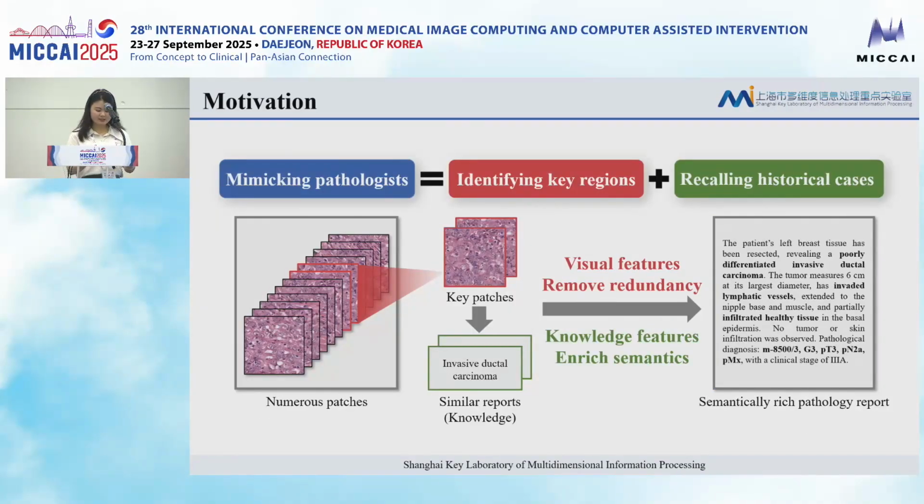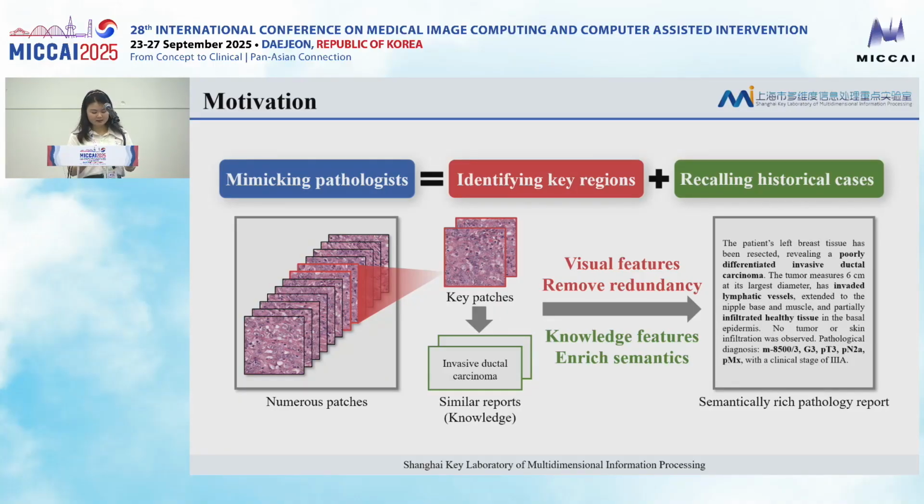To address these challenges, we drew inspiration from the workflow of pathology experts. Pathologists typically first identify suspicious regions under the microscope and then make diagnostic decisions based on their extensive experience.